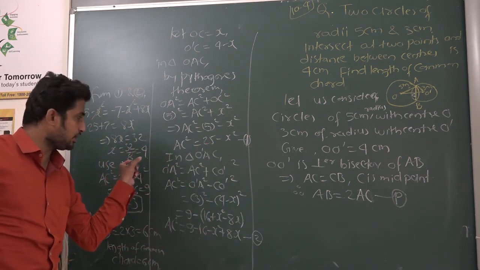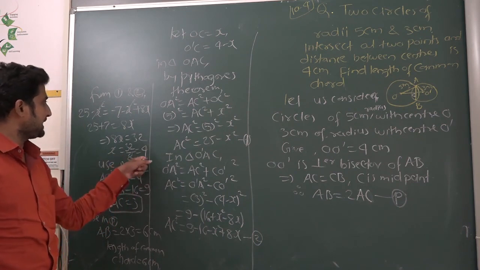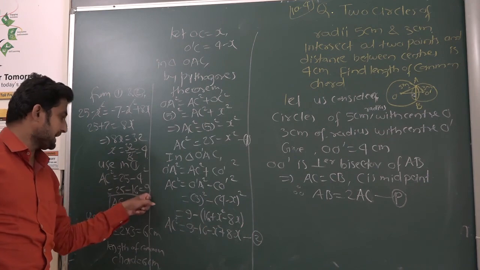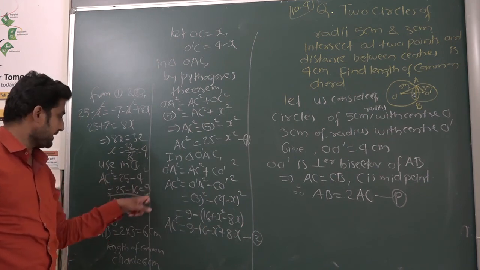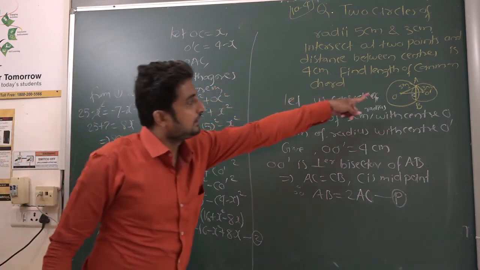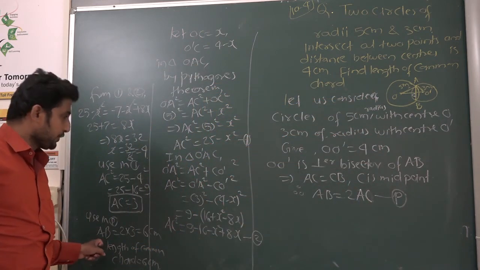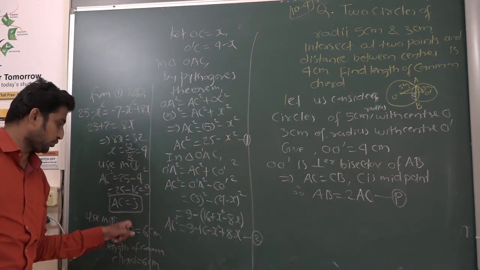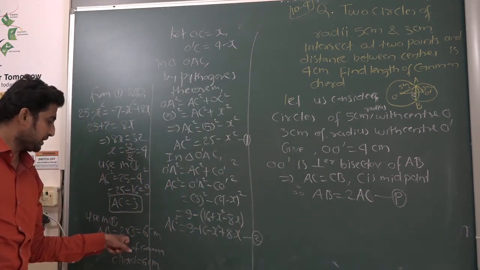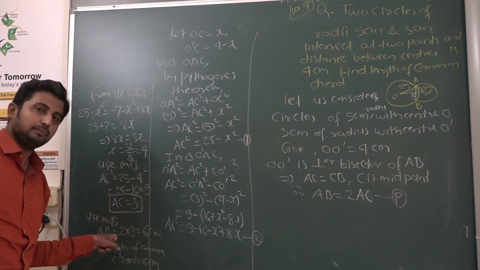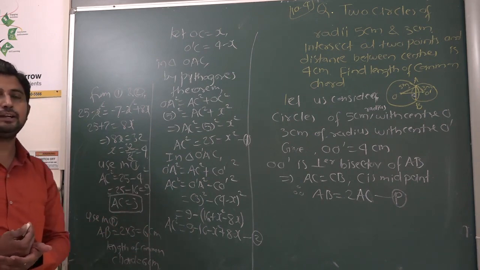We are getting the value of x, and using this value of x in equation 1, we get AC. AC square is 9 and AC equals 3. And if AC is 3, then using P, which is 2 times AC, 2 into 3, that is 6 centimeter. So dear students, hence we find length AB.